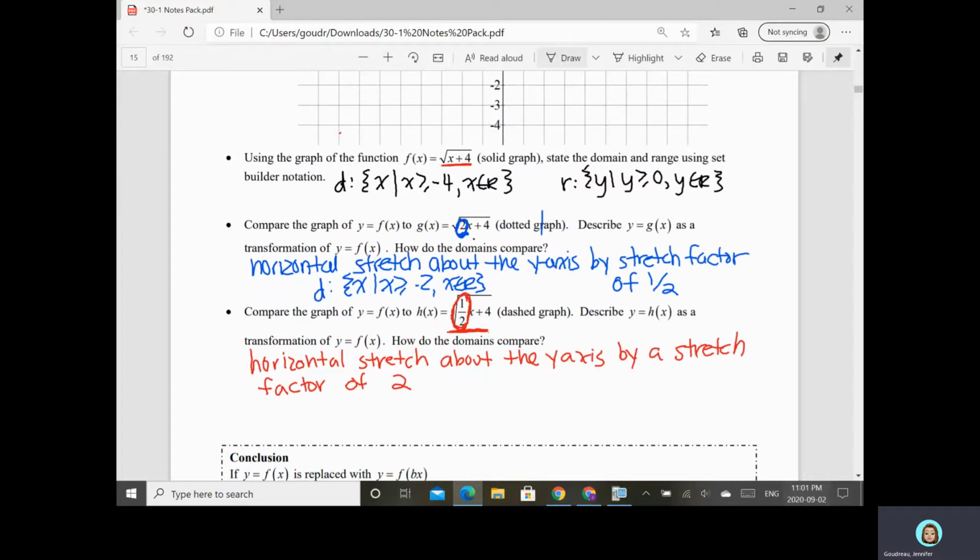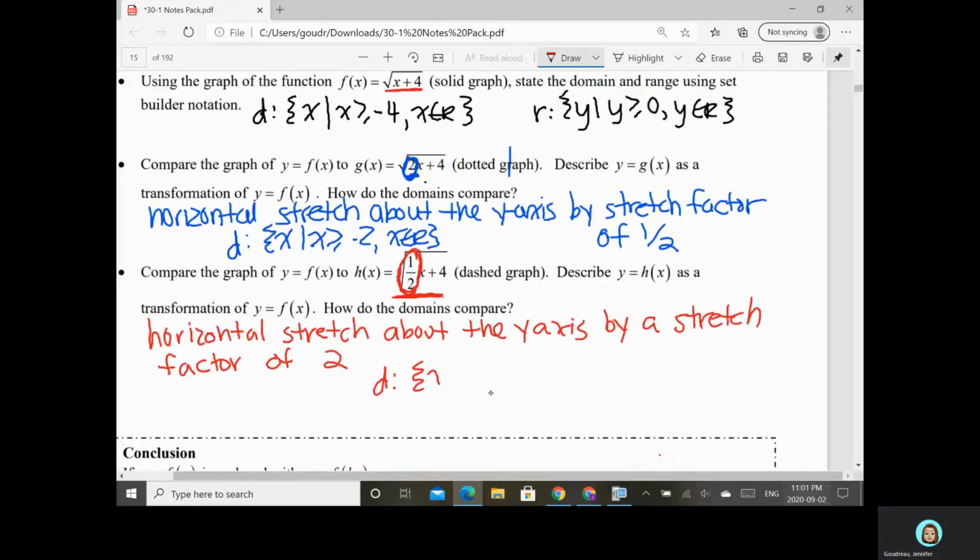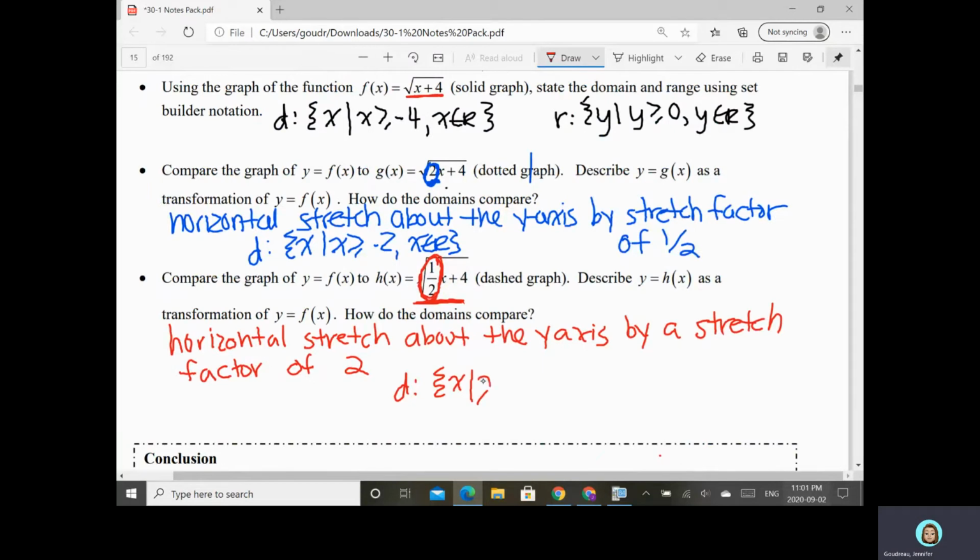Let's compare our two domains here. So the domain of h at x is the set of all x such that x is greater than or equal to -8. Otherwise, x is an element of the reals.